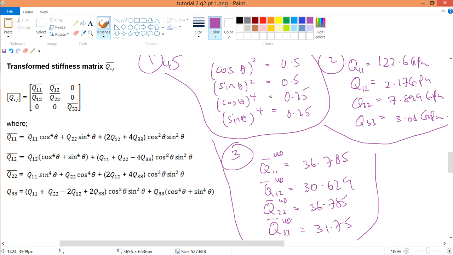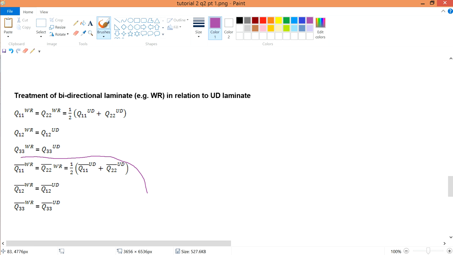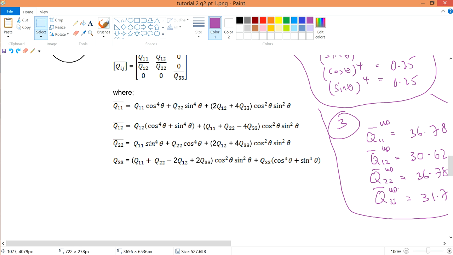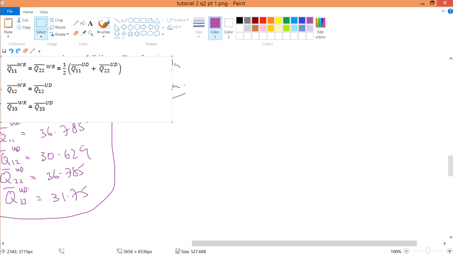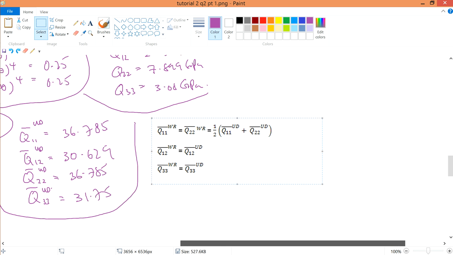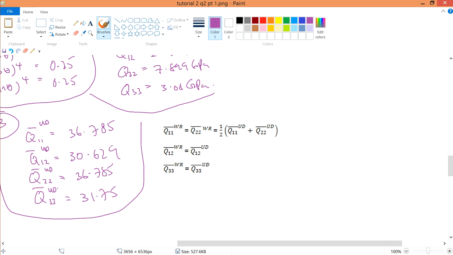Okay, and next, then you can apply this equation. To apply this equation, you can just simply use what we have done just now, right? The UD. Alright, so I have all these values already. You just sub in only. Okay, so if I were to do that, my Q11 woven roving, because we need to calculate the woven roving, Q11, which is also equal to Q22 woven roving, is half of Q11 UD plus Q22 UD.